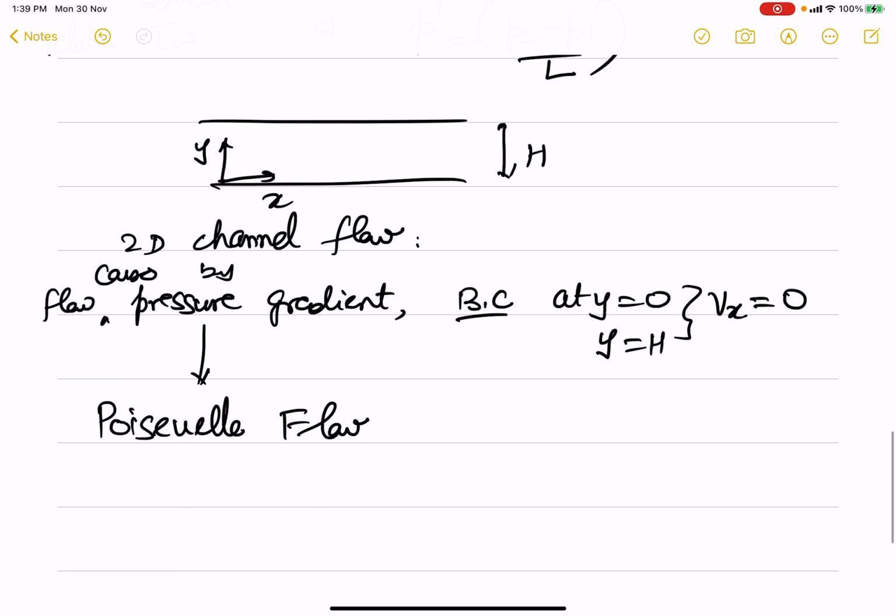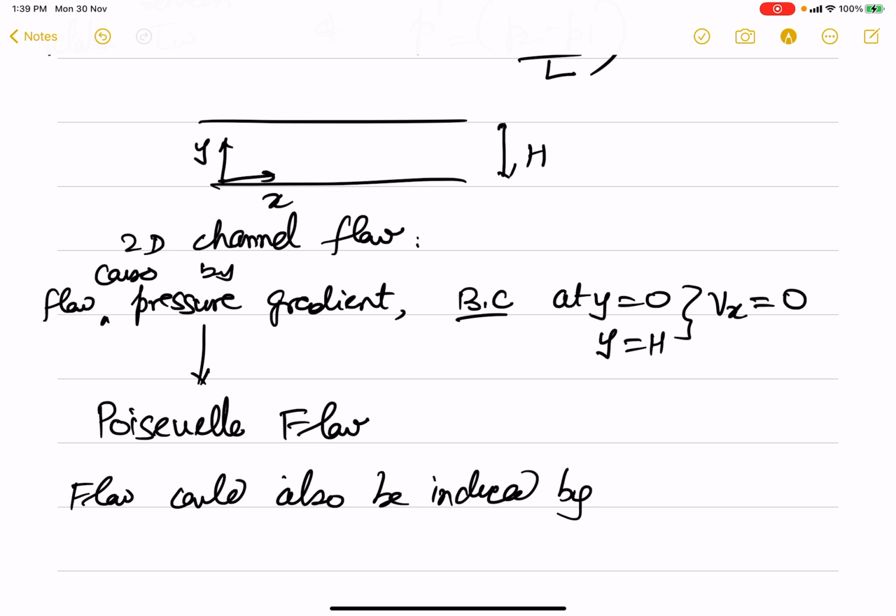Now the flow could also be induced by movement of the plates.